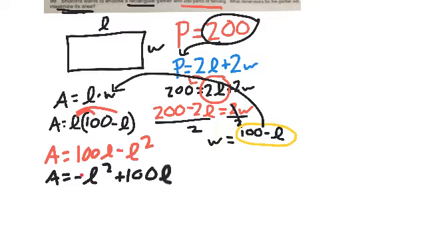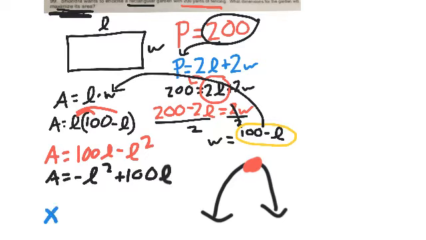I know my leading coefficient is negative, so I know I have a downward facing parabola. And what am I wanting to do? I'm wanting to maximize area, so I'm wanting to find the area when it's at its highest point, which would be right there at the vertex. We can find the vertex by using the axis of symmetry formula, which is x equals negative b, which is 100, over 2 times a, which in this case is negative 1.